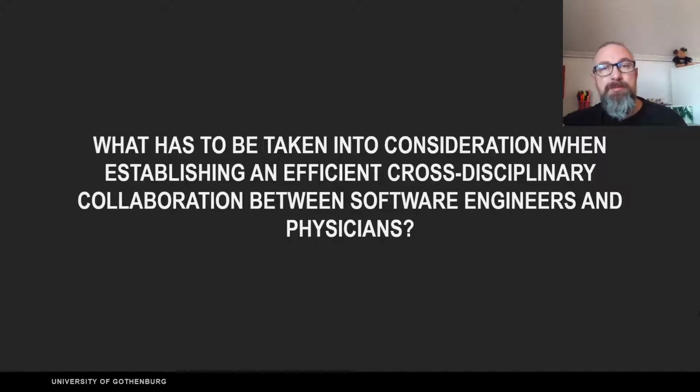And on top of that, we wanted to find a way to collaborate with each other. In this paper, we collected a number of experiences and recommendations that we would like you to take with you when you establish collaborations in cross-disciplinary teams, in particular teams that are related to hospitals and machine learning.